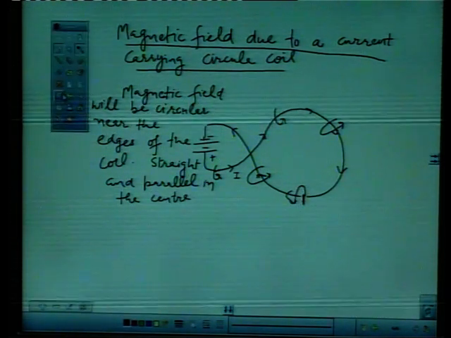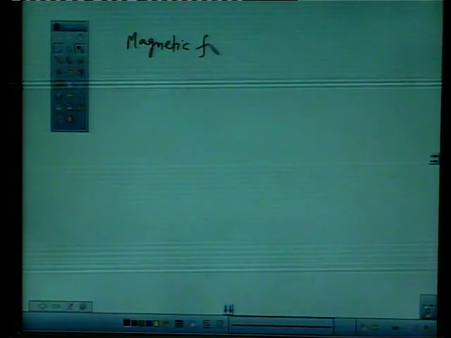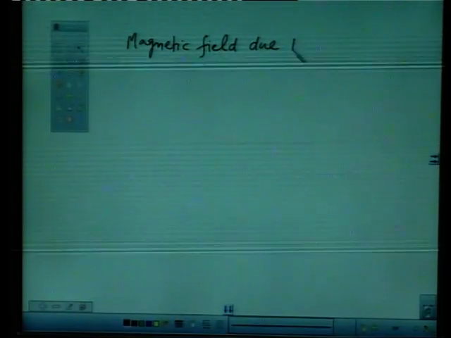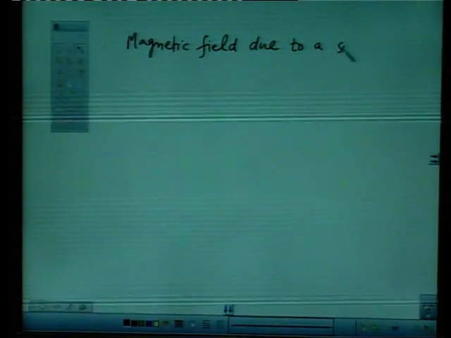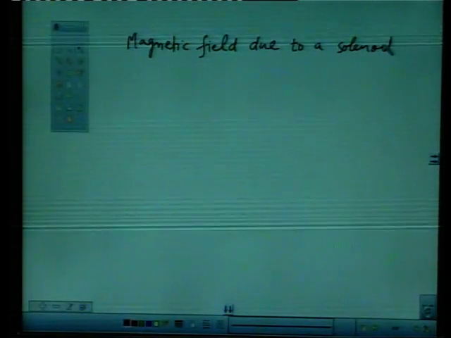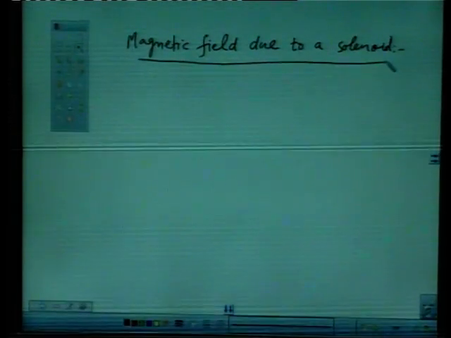So, next is the magnetic field due to a solenoid. Now, first of all, we will define what is a solenoid.